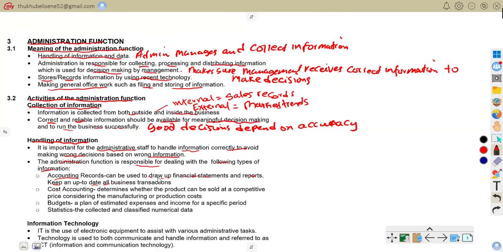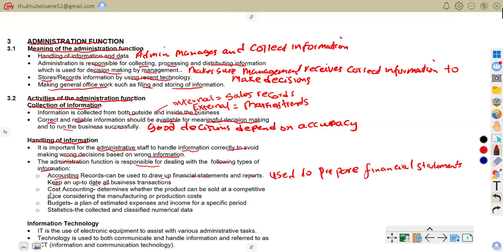So it means the accounting records are used to prepare financial statements. For example, recording all money in and out.